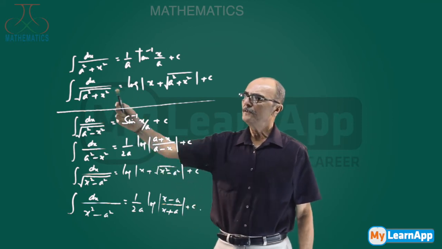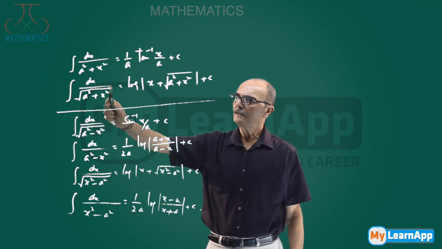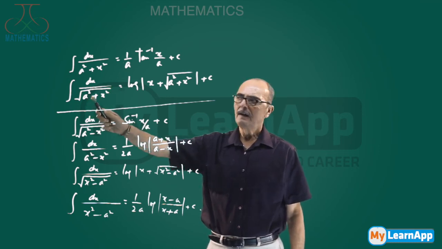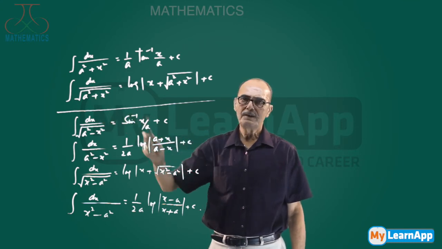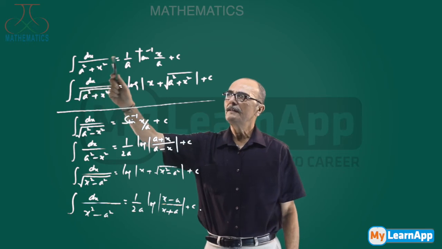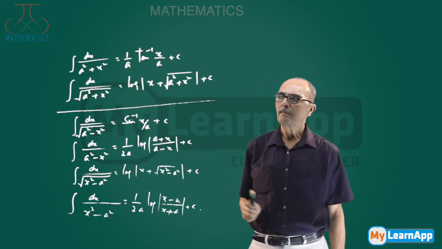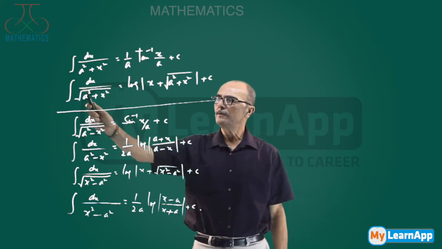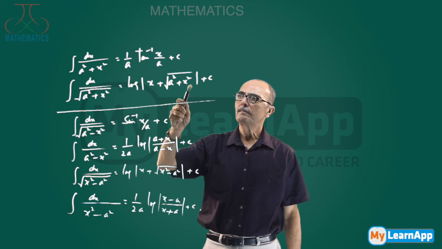The difference is only that the second formula is under the root sign, but a square plus x square and a square plus x square are the same. If it is without root, then this is 1 by a tan inverse x upon a plus c. But if it is under the root, then this is log of x plus a square plus x square under the root plus c.